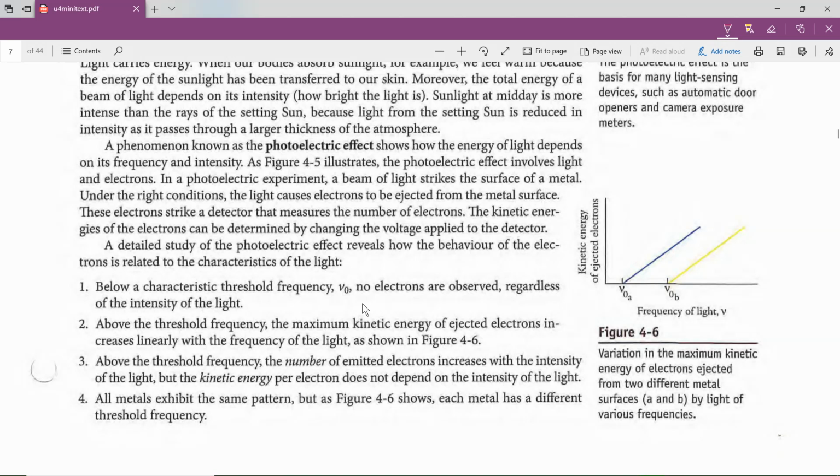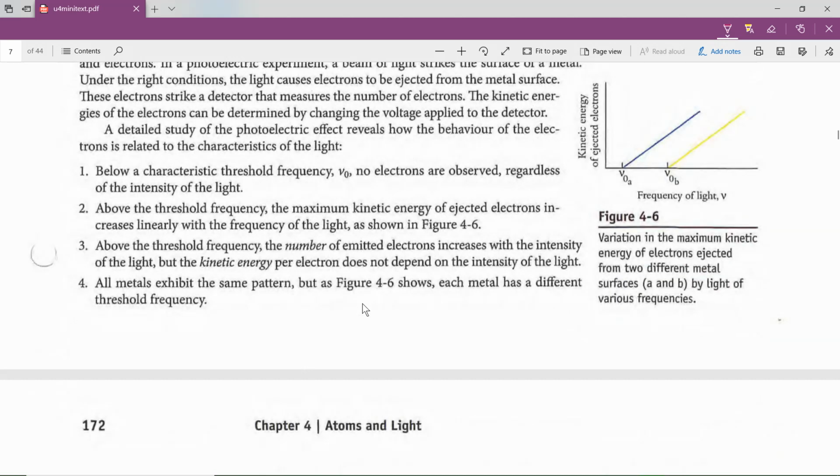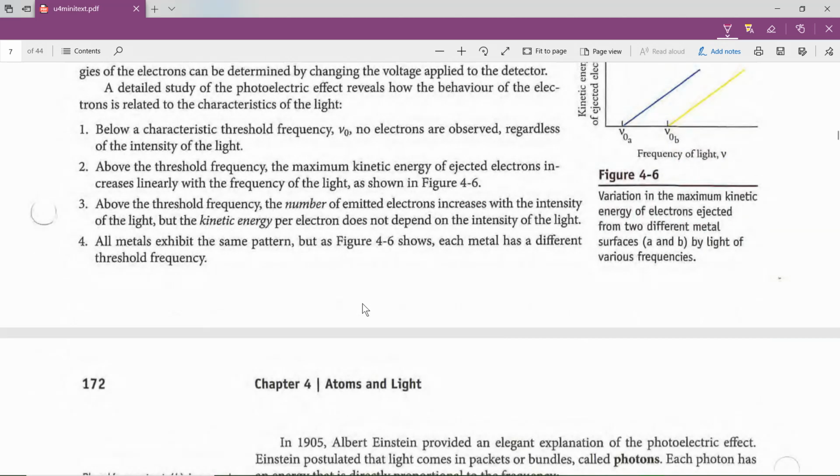So a detailed study of the photoelectric effect reveals that below a characteristic threshold frequency, nu naught, no electrons are observed, regardless of the intensity of the light. Okay, whether it's dim or whether it's bright, if you don't have enough frequency for your incoming photons, you are not going to eject electrons.